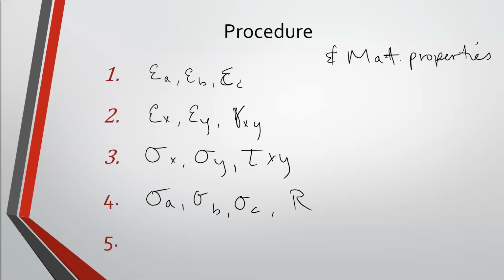And we'll probably get R, not that we need it. Once we have those, then we can get our maximum shear stress. Okay, cool. And we'll compare that. We'll check whether it is less than or equal to the yield stress over 2. Good, we have a plan, a very solid plan.